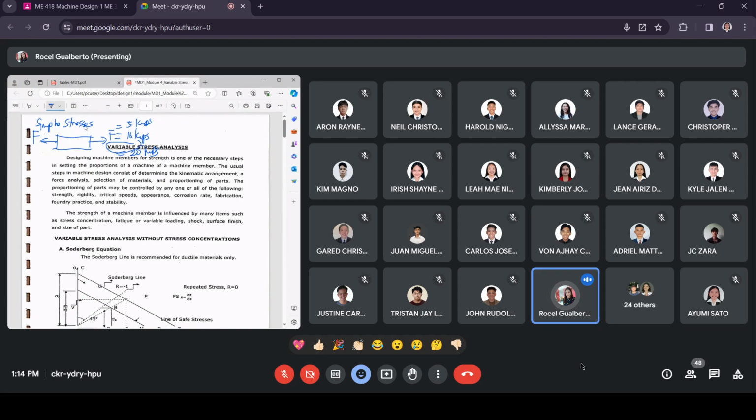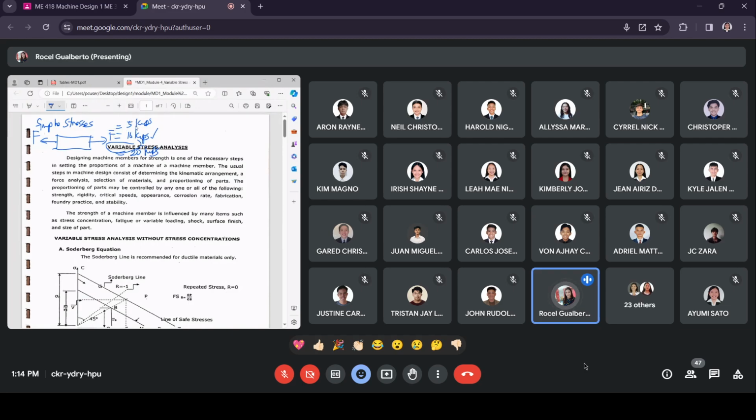Basically, if you compare the two, it is easier to design under simple stresses than under variable stress. With simple stress, you can easily say that this load of 10 kips would be my basis in the design, since it's the only force acting on the member. Not unlike a variable stress, where it is 5, 10, 20, then back to 5.